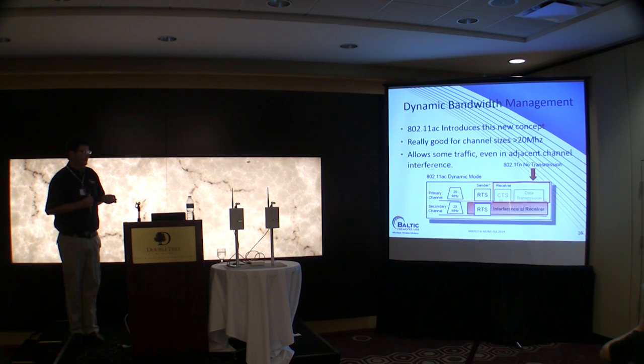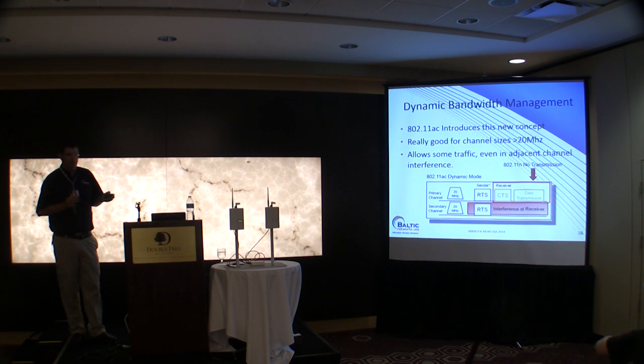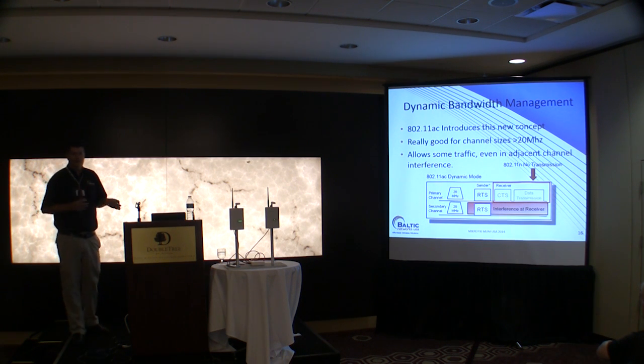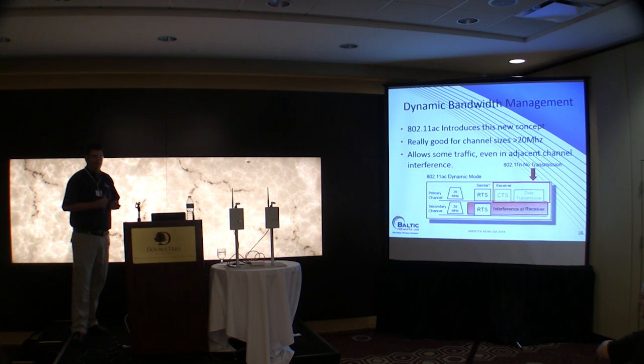So there are some advantages in that regard. And as your channel sizes grow up to an 80 megahertz channel width, you'll get this particular type of advantage. The downside of this is that your primary channel can't have any interference on it. So you want to pick your primary channel as an interference-free channel. And your wider extension channels will be the ones that possibly might have interference.